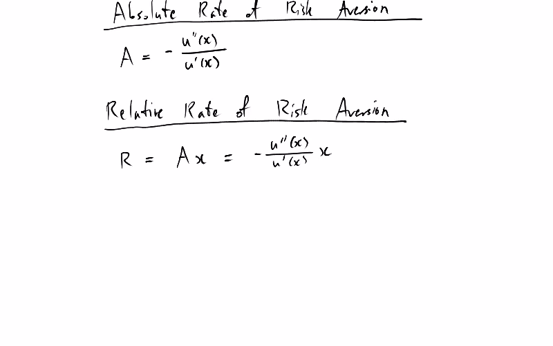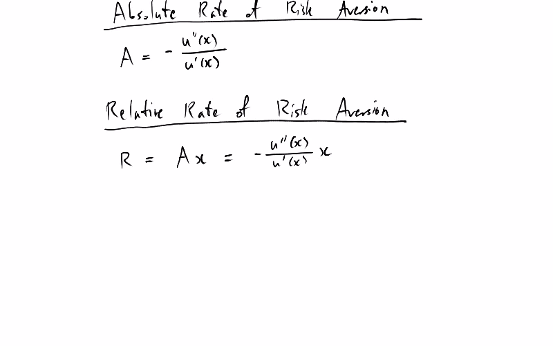So the relative rate of risk aversion allows for one way where Bill Gates and I can differ, namely our wealth X. Typically, the relative rate of risk aversion is more realistic. What it allows is that people with more money would be willing to take on more risk.